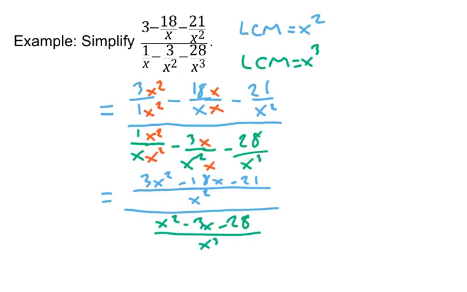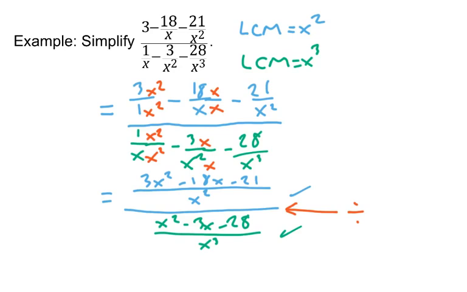Now, what we've done at this point is we've created a single fraction in the numerator and a single fraction in the denominator. Now what we want to do is visualize the main fraction bar separating the numerator and denominator as meaning division. So we're dividing the blue fraction by the green fraction, if I may say it that way.